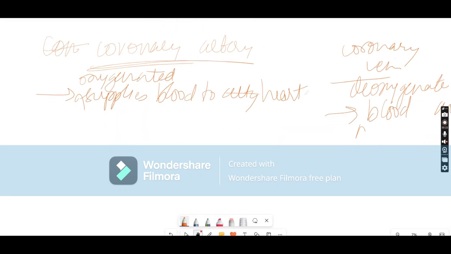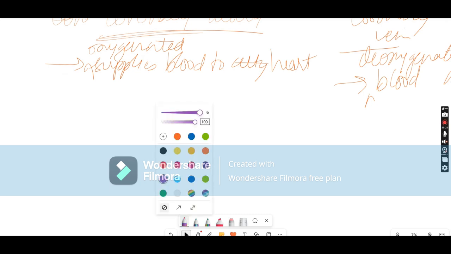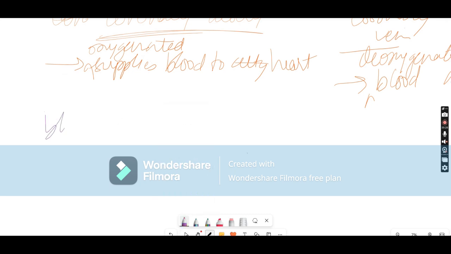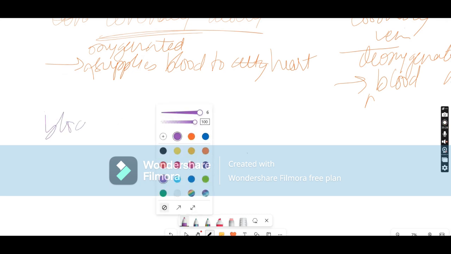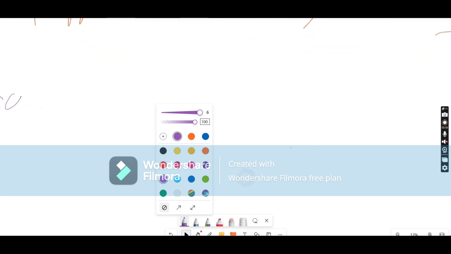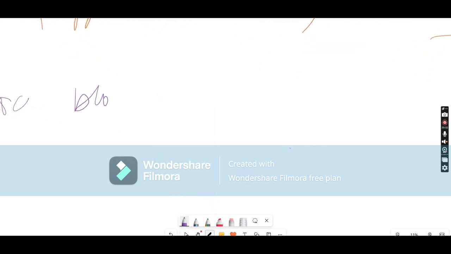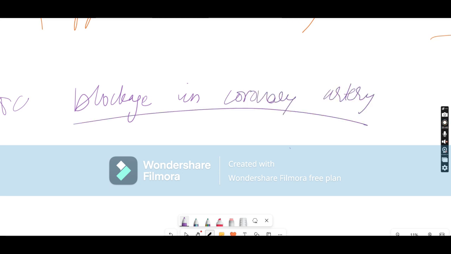Okay, so now what happens is a lot of times there's blockage in the coronary artery. Now, in this case, because there is blockage in the coronary artery because of deposition of fat or something else, the blood is unable to reach the heart properly.